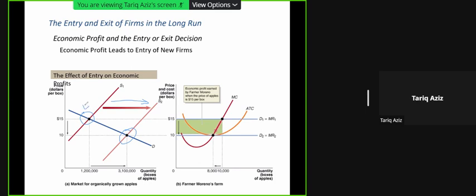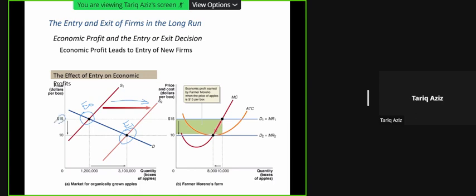So this was the E0, that is equilibrium at time 0. Now because of additional supply, because of additional entry of new firms in that industry, now the equilibrium will shift downwards. So now the new equilibrium is E1. Now you may observe at E1 that now the prices of the product has declined or has reduced.